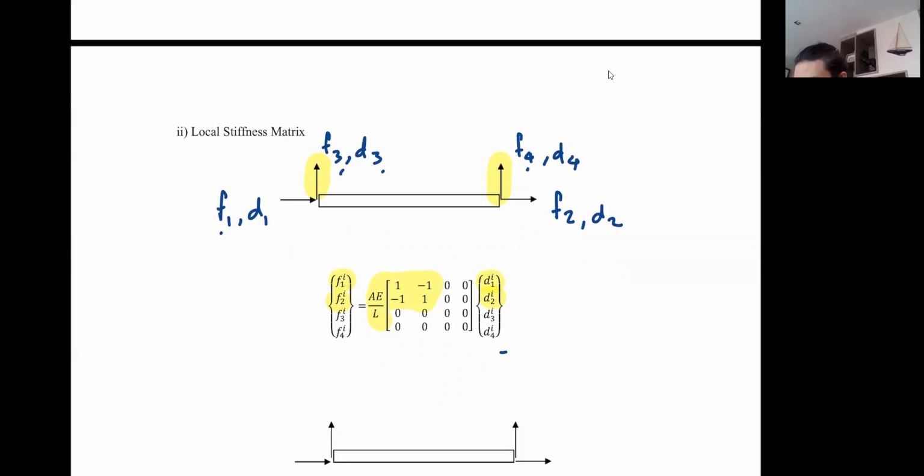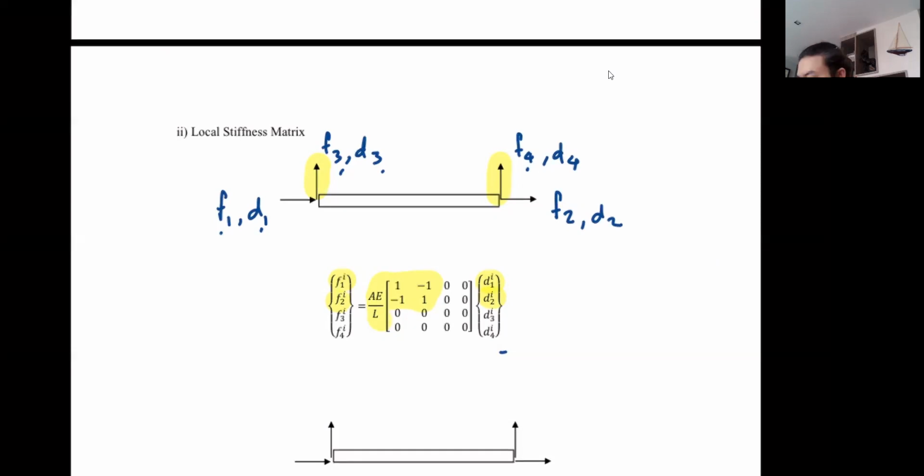When you have force and displacement in one direction, what's going to be for 3? It's going to have to be 0, right? And then likewise for 4, 0. When you have force and displacement in 2, you're not going to have anything in 3 and 4. So that's why the rest is 0 like that.